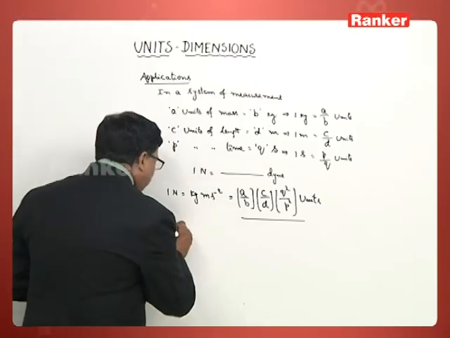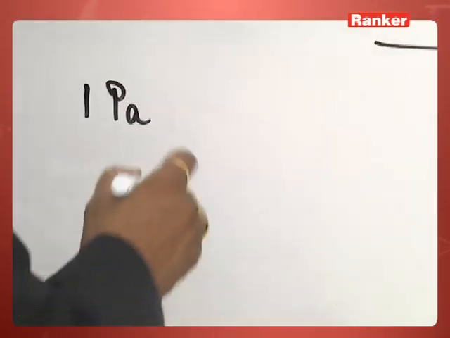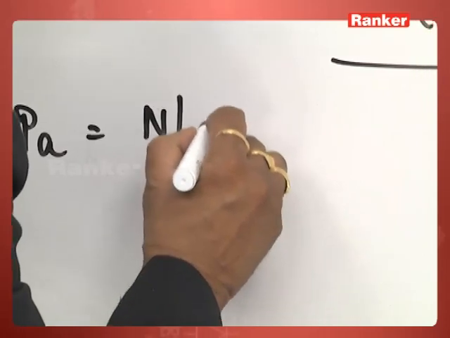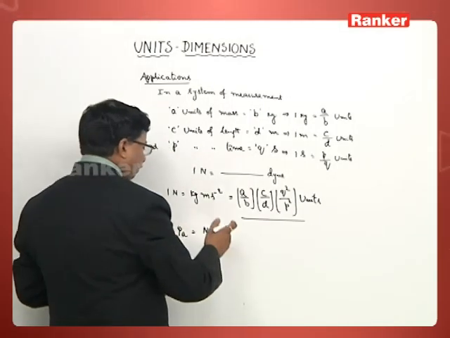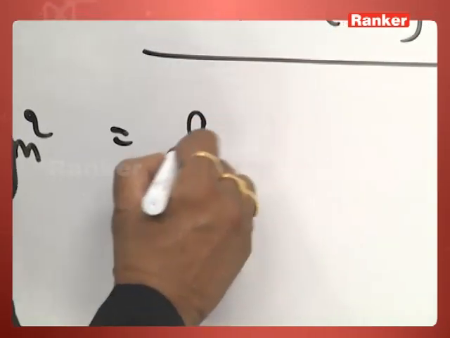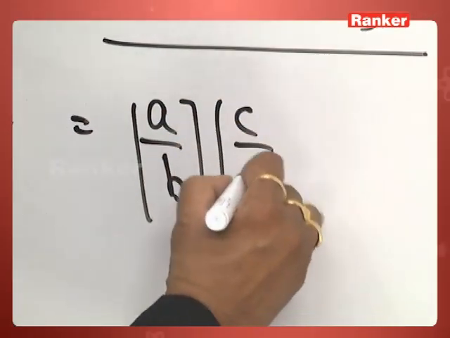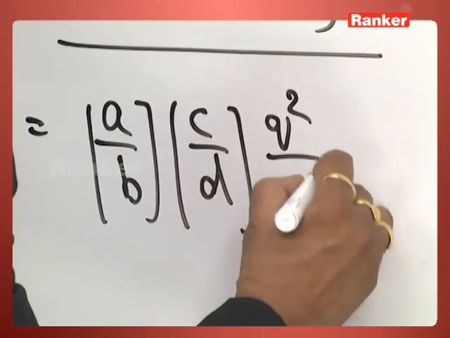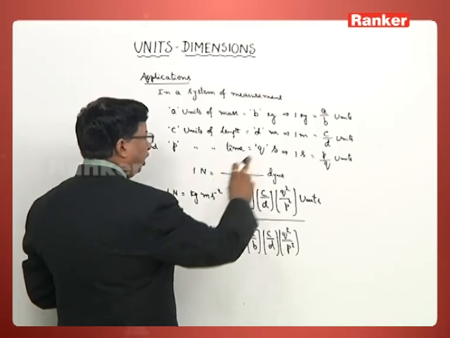Similarly, what is 1 Pascal, for example? Newton per meter square is also called Pascal. Newton I have already taken up here, so I write the same thing. It is A by B into C by D into Q square by P square. Till that extent it is called Newton. What is 1 meter?